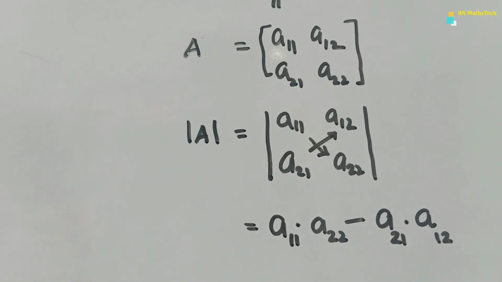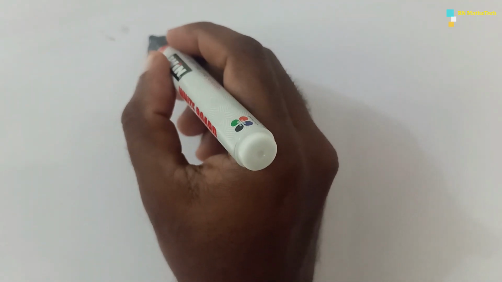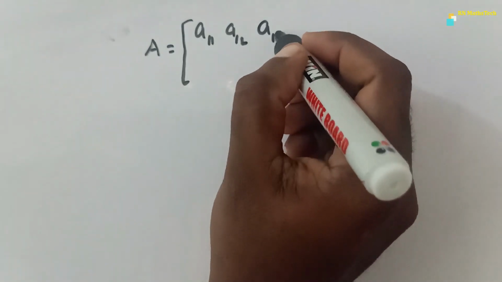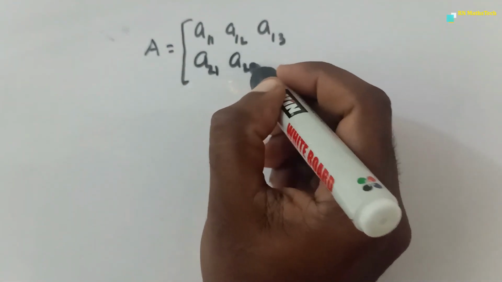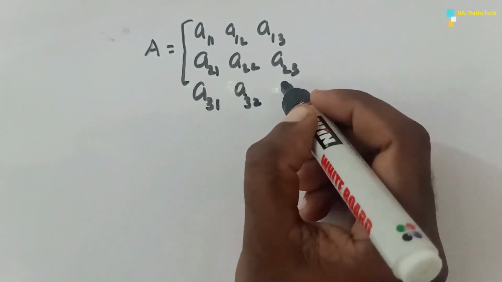Now we can find the determinant of a square matrix of order 3. Consider a 3 by 3 matrix A with rows A11, A12, A13; A21, A22, A23; A31, A32, A33.